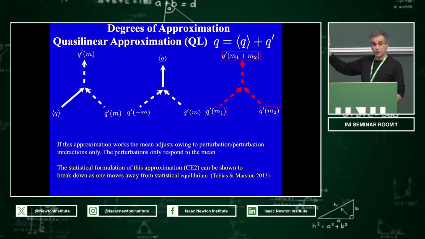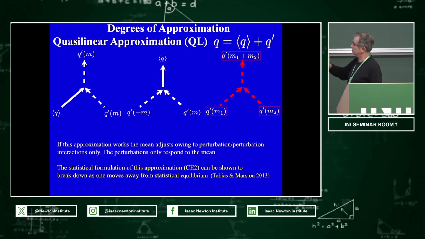If you're allowed to use the quasilinear approximation, which we'll investigate, then, as I've put down here, the means adjust only owing to perturbation-to-mean interactions. And the perturbations respond only to the mean.